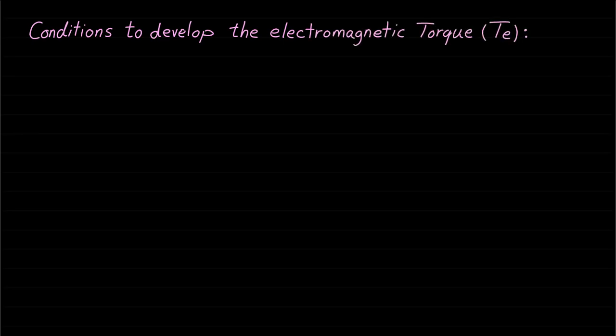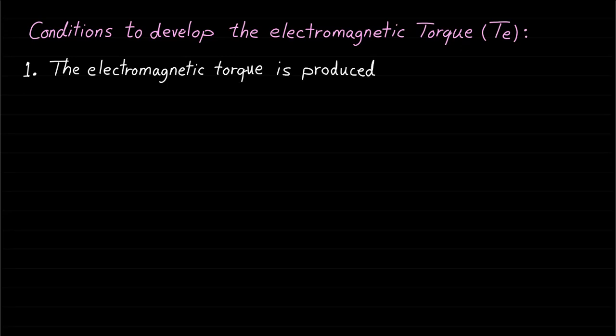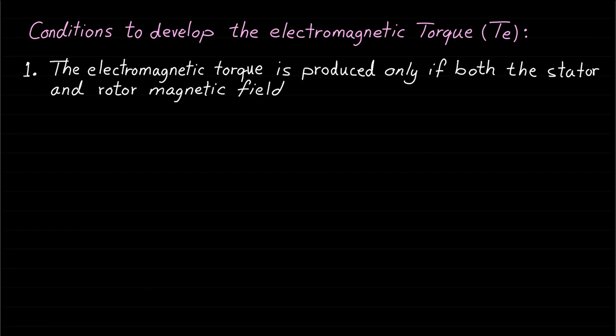In general, there are two important conditions to develop the electromagnetic torque in any machine. The first condition is that the electromagnetic torque of the machine is produced only if both stator and rotor magnetic fields have the same number of poles. In other words, the stator and rotor must have the same number of poles.